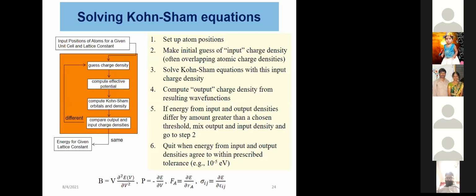We identify the positions of the atoms, what their coordinates are, and we construct our unit cell or supercell, whatever you want to do the calculation with, and we know the lattice constant of that particular unit cell.